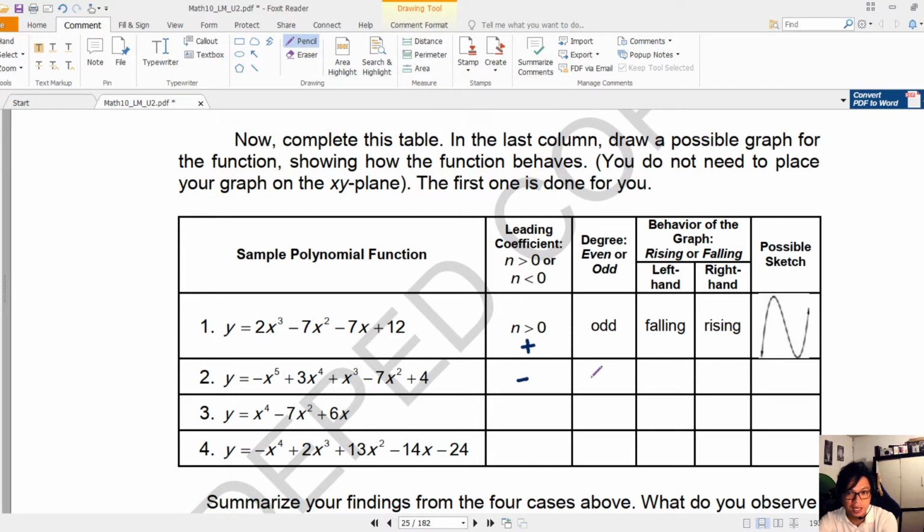So, the degree is odd. Then, the graph is rising, falling. So, the possible graph is rising, falling.